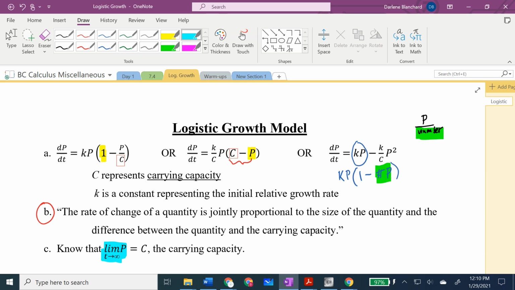What is the other technical answer that could show up? 0, correct. So if they ask you about the limit as time approaches infinity of your population, they have to give you some initial value. Otherwise, you don't know if you even have a population to begin with.